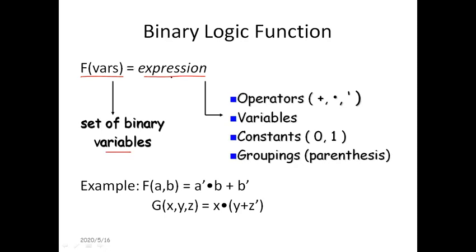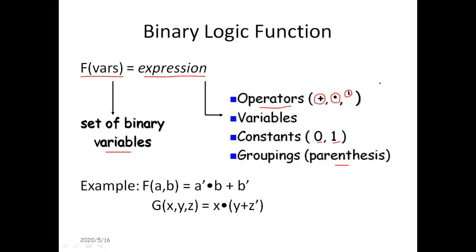Then on the expression side, this is where you have the operators, which are the plus, the dot, and the complement, which we normally call the bar. Then you have the constants, the 0 and 1.